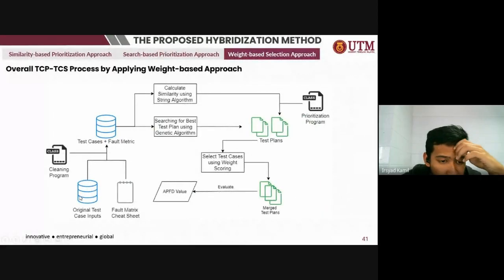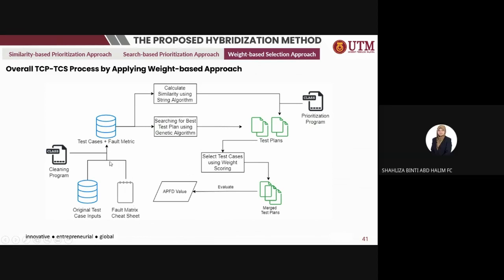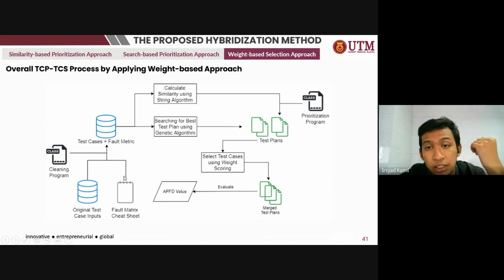So here we have the original test case input, which will be used for the similarity base. And down here on the right hand side we have the fault matrix cheat sheet, which will be used for the search based method. And why do you call it cheat sheet? Because for the search base I only use the cheat sheet.